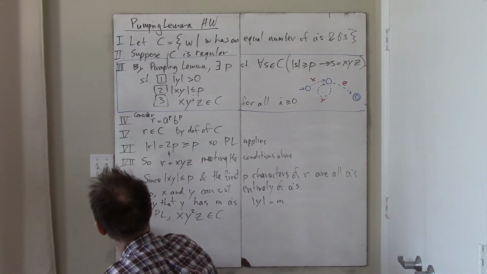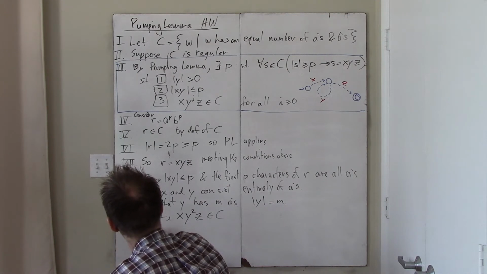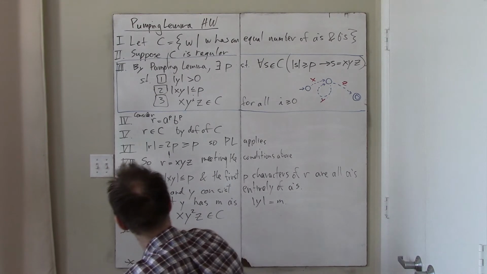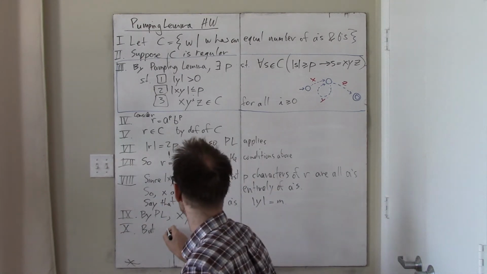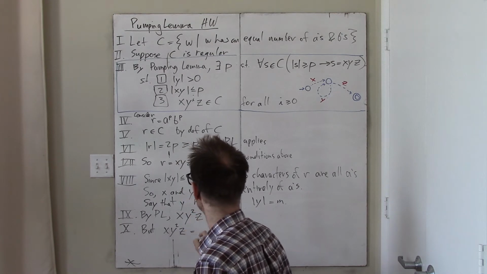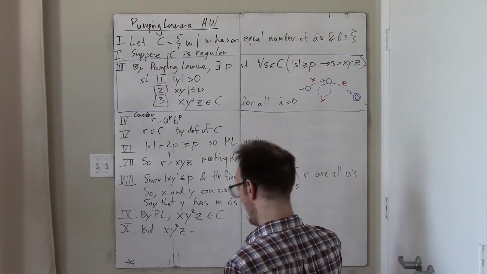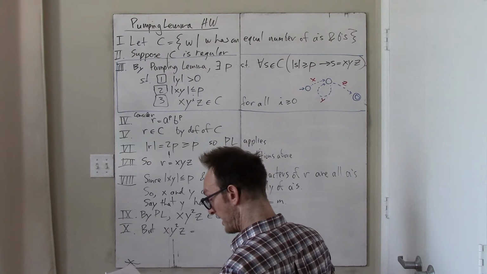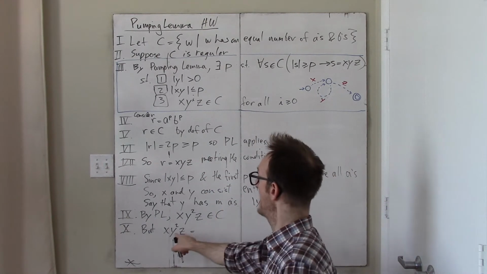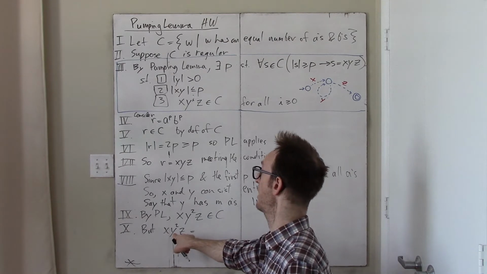Because point 10 is an analysis of x, y squared, z, which means it can't possibly be in C. Because what is x, y squared, z? Y had m A's in it, and now I have just added another y.